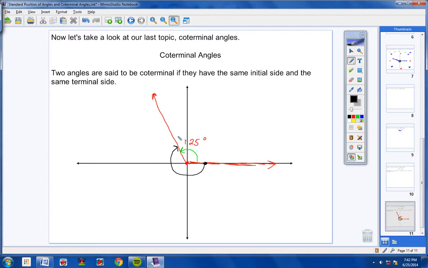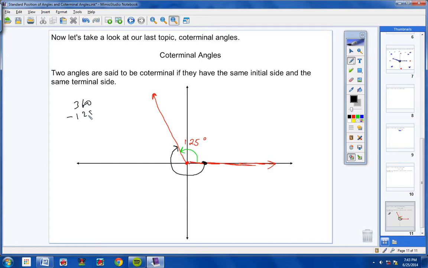So I've started here on the initial side. I rotated around to the terminal side, and so I did not go a complete revolution. If I would have, that would have been 360 degrees, but I stopped 125 degrees short. So 360 minus 125 is going to be 235 degrees.